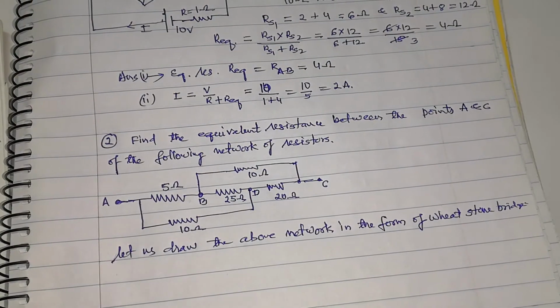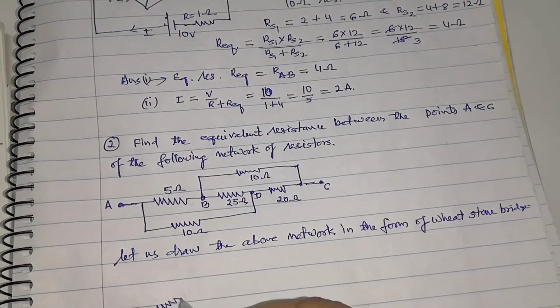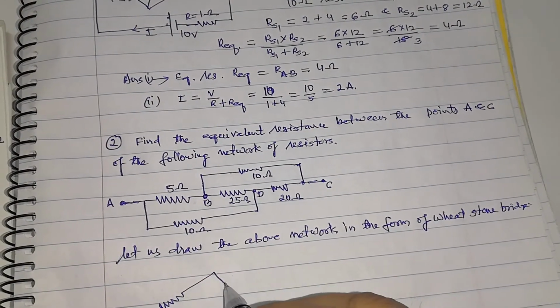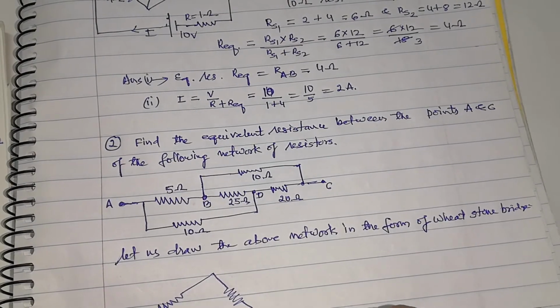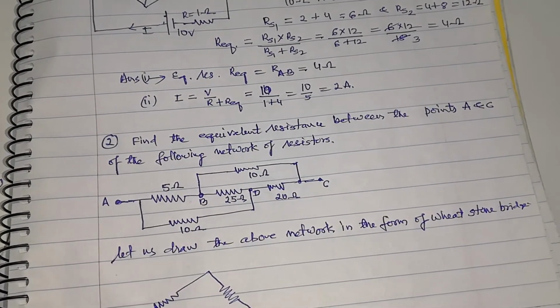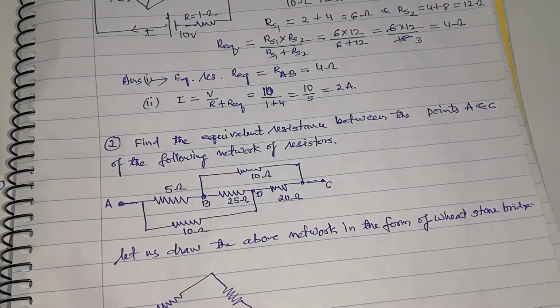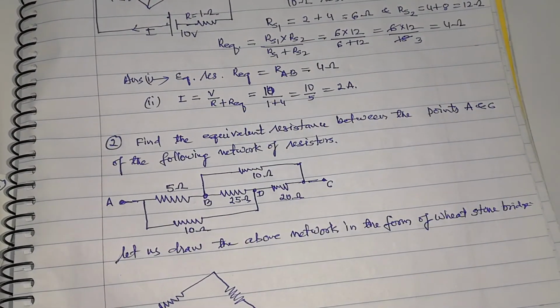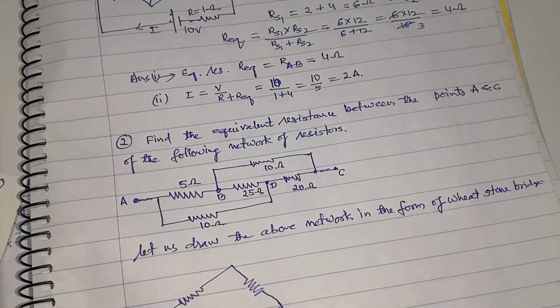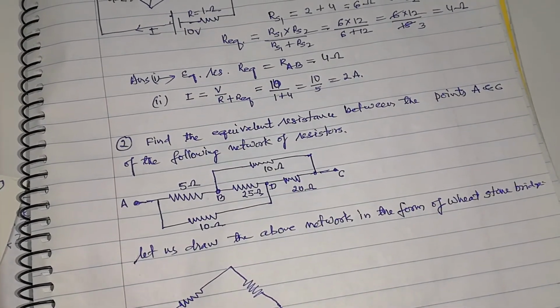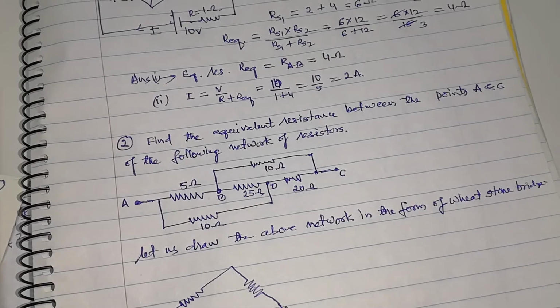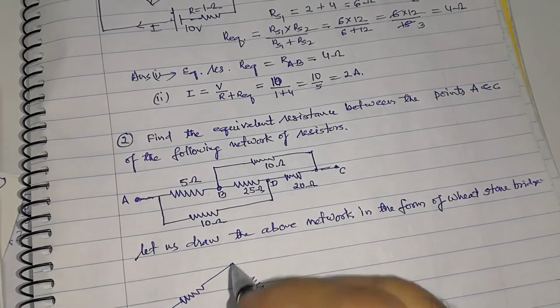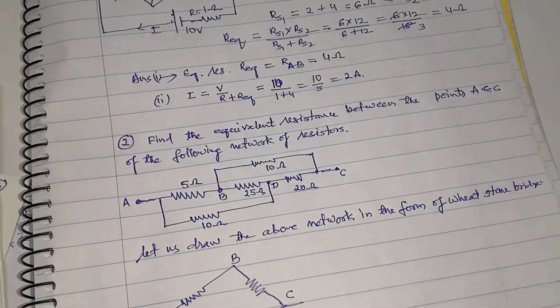It would be somewhat like this. Here is the point A, here is the point C, here is the point B, here is the point D.